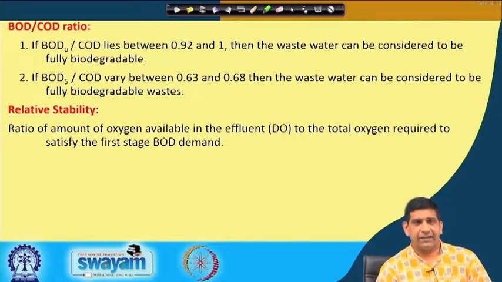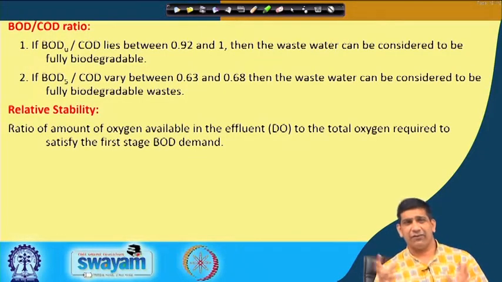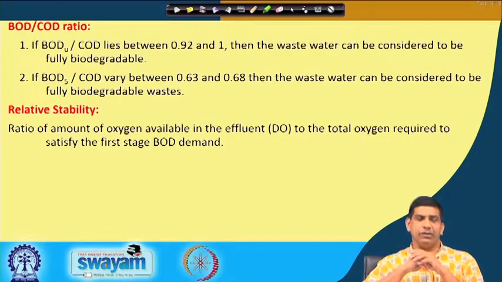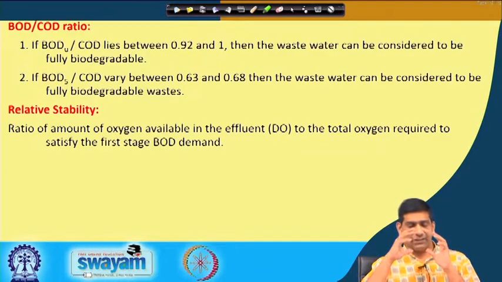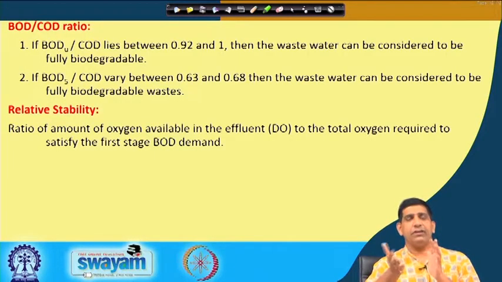To get an idea of how bad the situation is in terms of organic loading, BOD requires a 5-day test, so it is common practice nowadays to also look at the COD number. Once we have both the BOD and COD numbers, we can come up with a correlation between them.